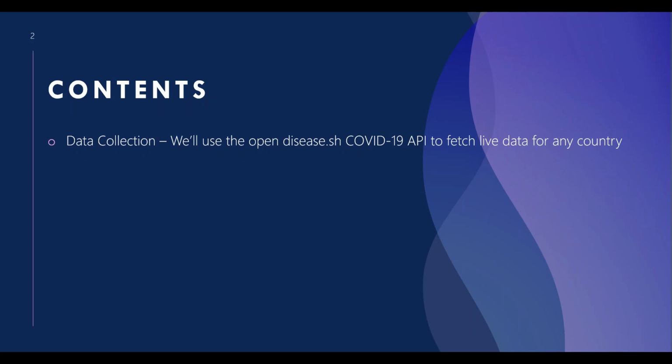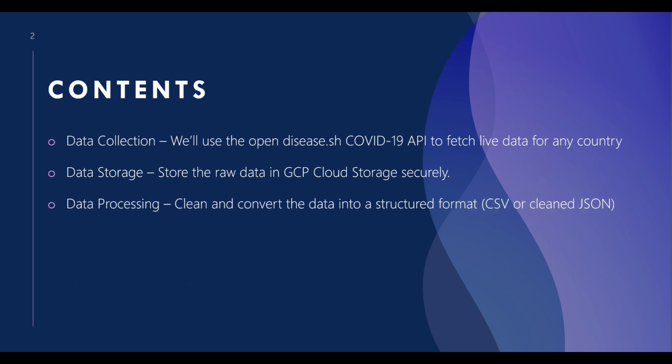We have broken down this project into 5 key steps. The first one is data collection. In that, you will use a free open source API to fetch live COVID-19 data. The second stage is data storage. In that we will store the raw data securely in Google Cloud Storage. The third one is data processing.